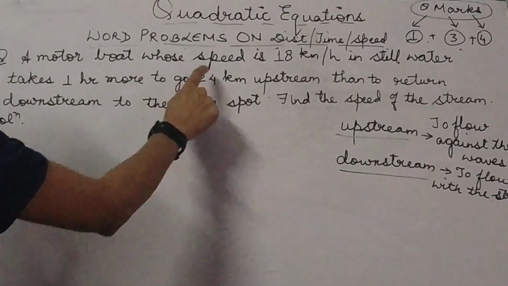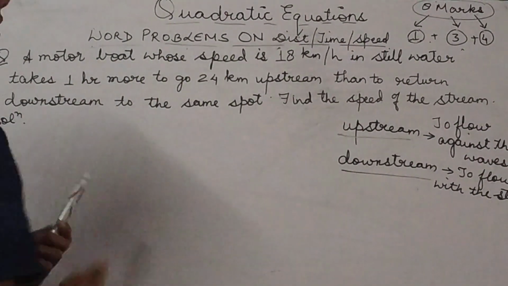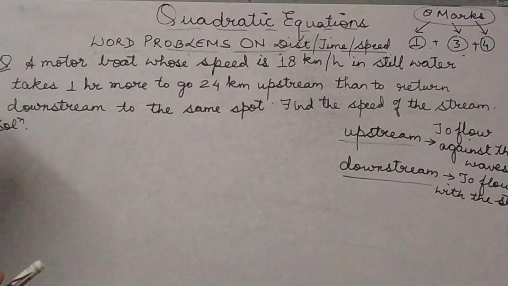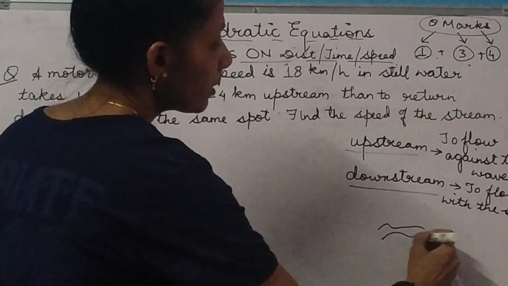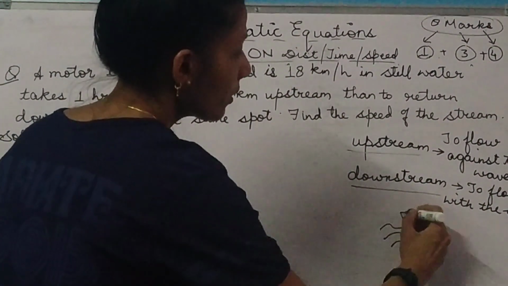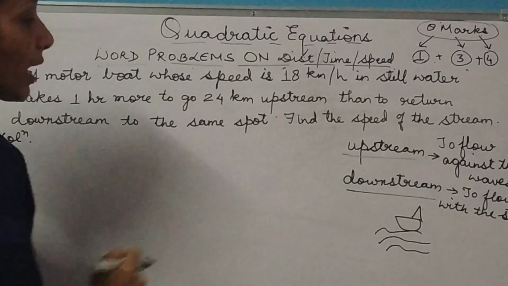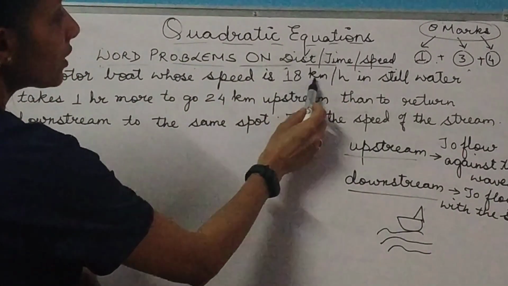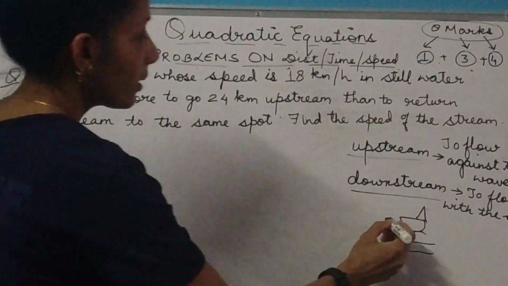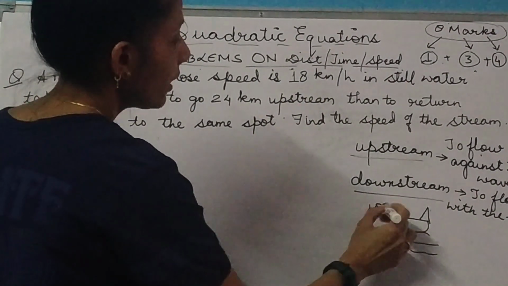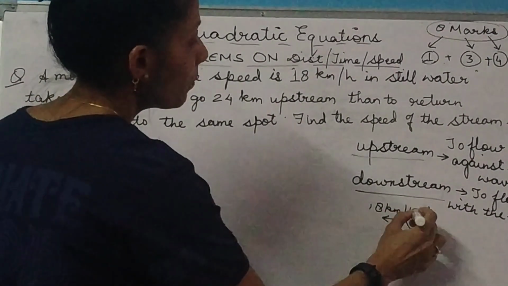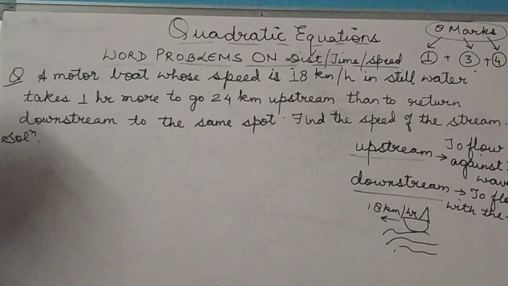A motorboat whose speed is 18 kilometers per hour in still water. So there is a motorboat moving at 18 kilometers per hour, say in this direction. This is the speed of the boat.